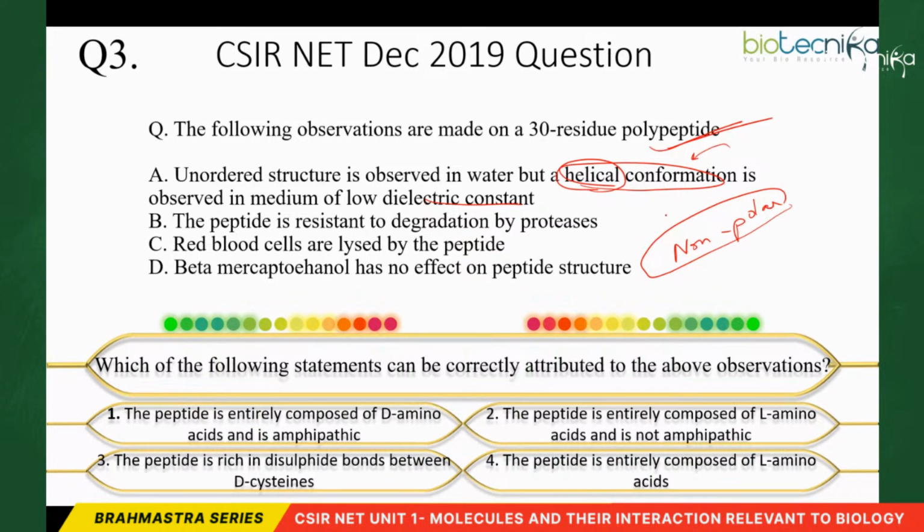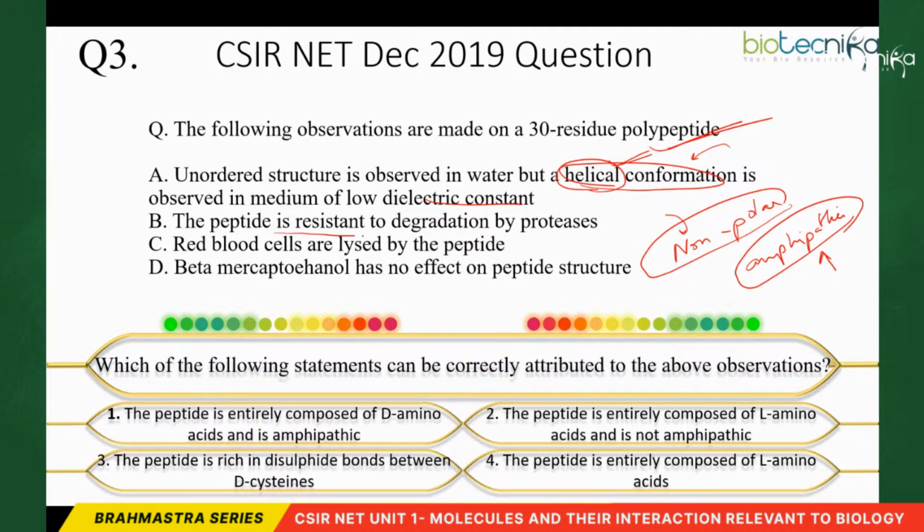But in a hydrophobic environment it is able to give a stable structure, which means this protein would have both polar and non-polar groups. That means this protein has to be amphipathic. Definitely it would be amphipathic. Amphipathic means something which has both types of groups.